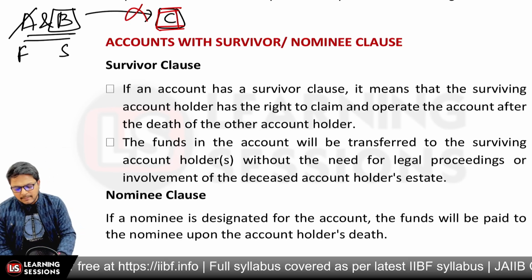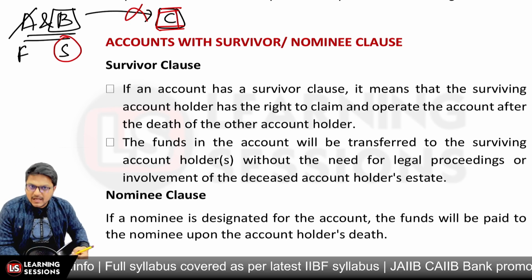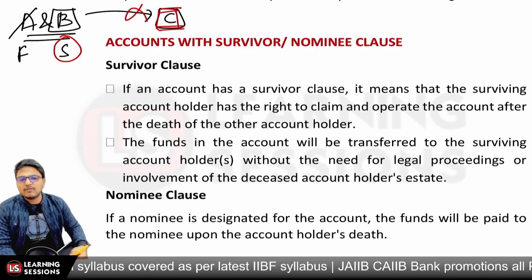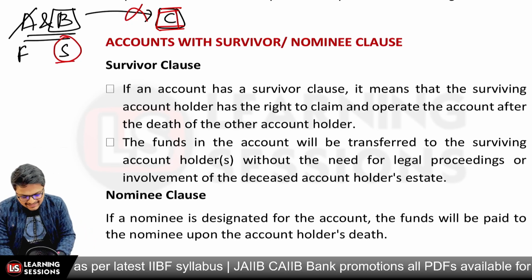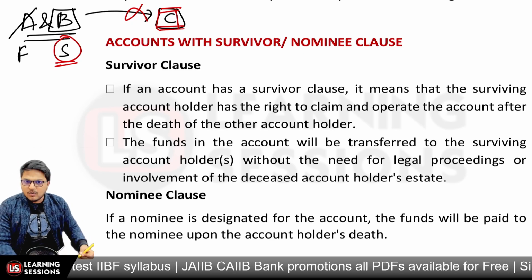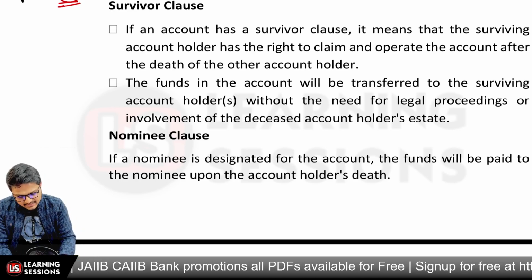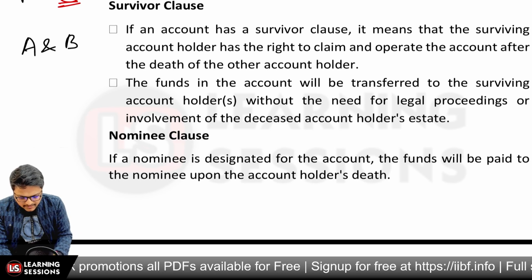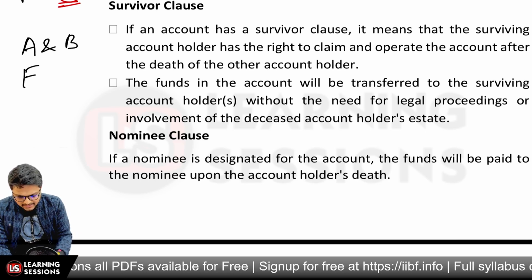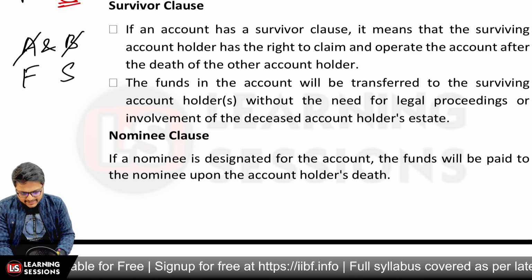So here we are having the survivor with us. The survivor can operate the account on their own and take control of the account, and the funds will be transferred to the survivor account holder without the need for any legal proceedings. And when the nominee clause is there, let's take the case that A and B are having the former and survivor account, A and B both died, and C is nominee.